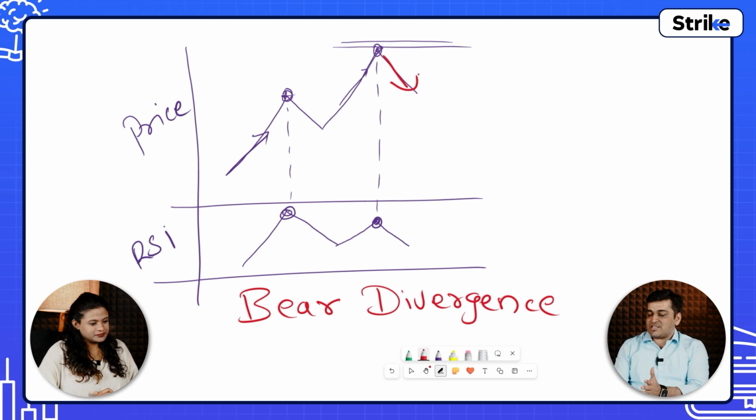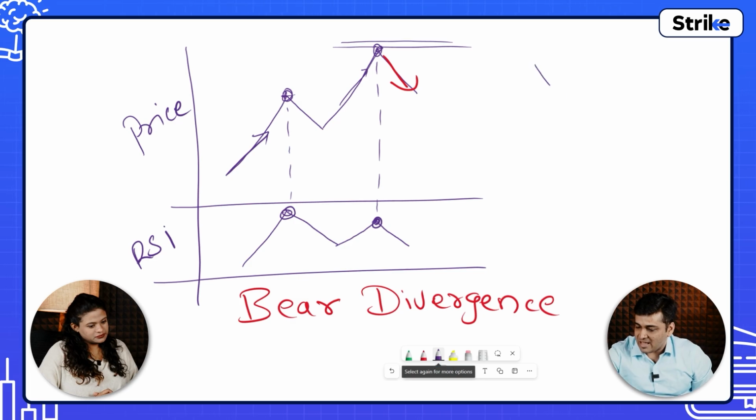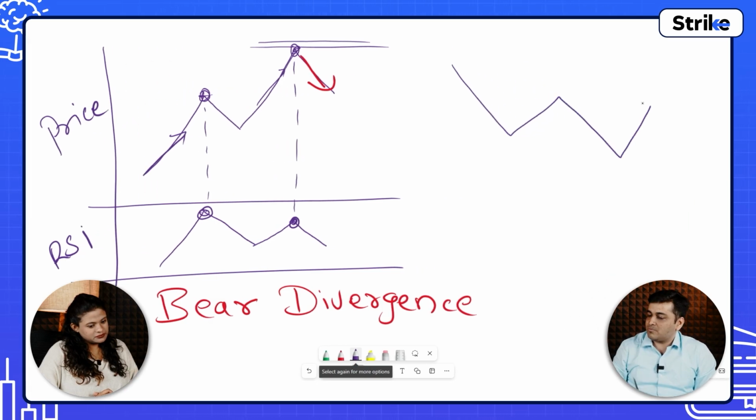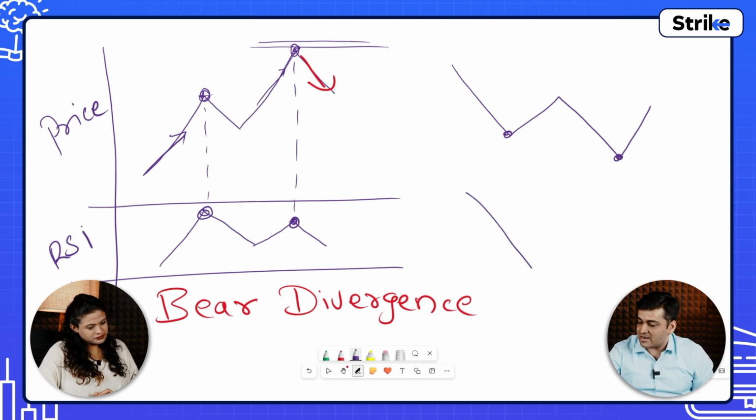So just like bearish divergence, what is bullish divergence? In bullish divergence, prices have made a lower low, this low and this low. This second low is lower than the previous one. But RSI does not make a lower low.